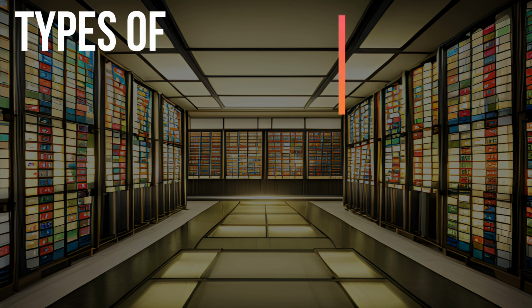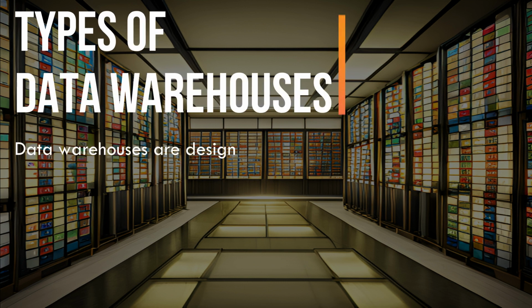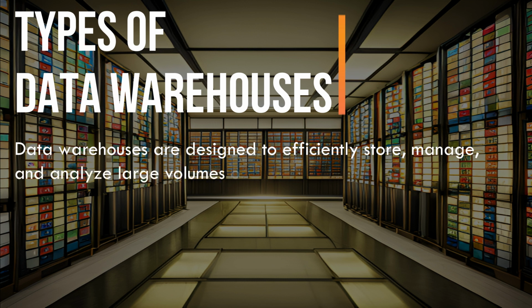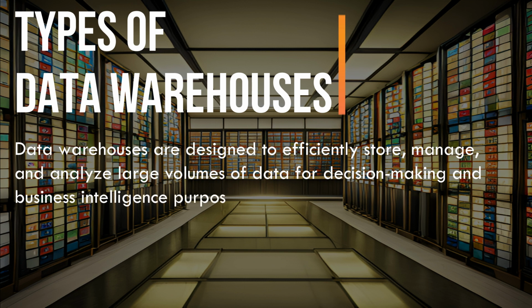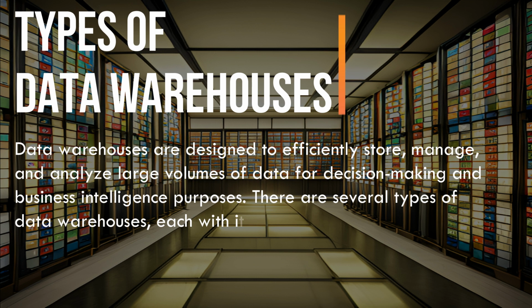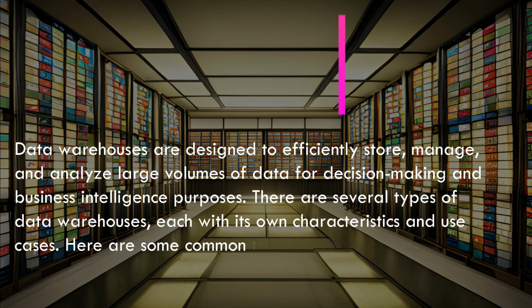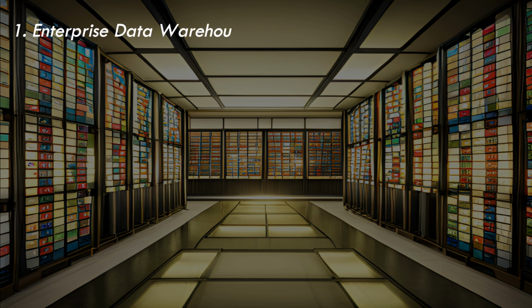Types of data warehouses. Data warehouses are designed to efficiently store, manage, and analyze large volumes of data for decision-making and business intelligence purposes. There are several types of data warehouses, each with its own characteristics and use cases. Here are some common types. 1. Enterprise Data Warehouse (EDW).